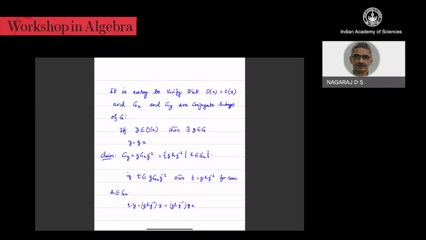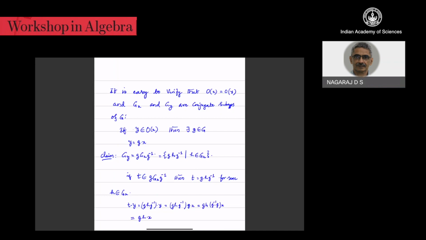So now I can apply g inverse on that. I take it together and I get the identity, so I get g h x.